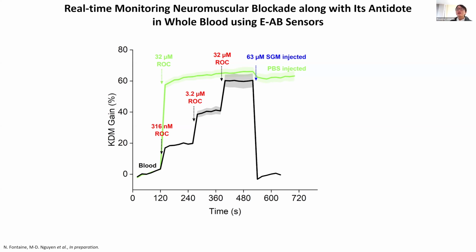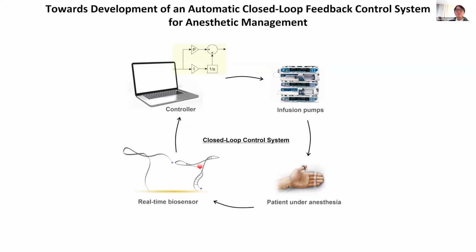Our ultimate goal is to make this system automatic. We use a computer to control the infusion rate of the medicine, and the sensor will be implemented in the patient. This project is an ongoing one. We use a potentiostat wirelessly to interrogate the sensors.